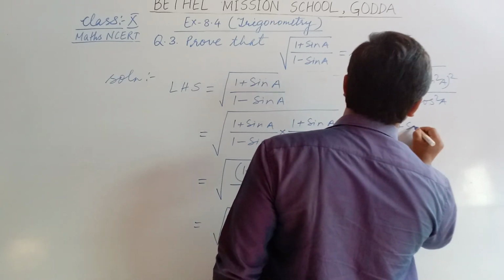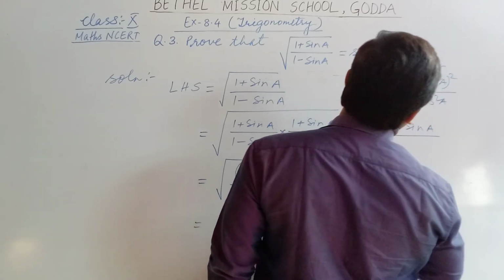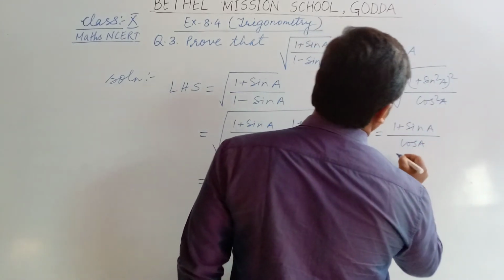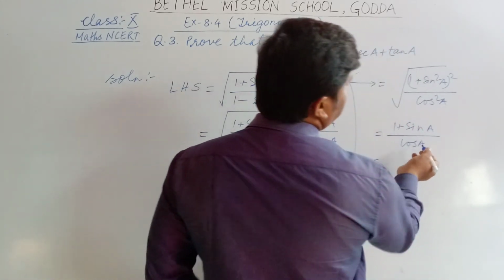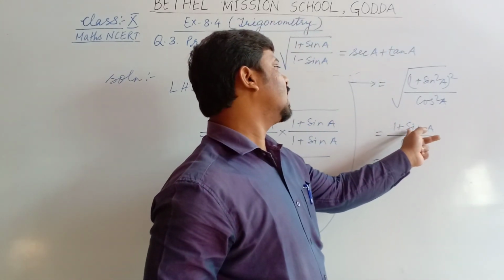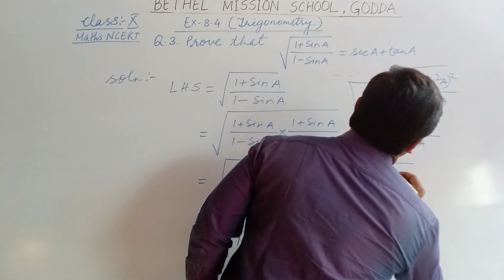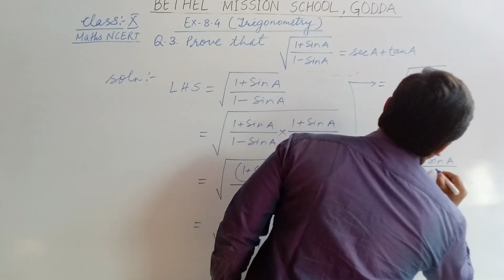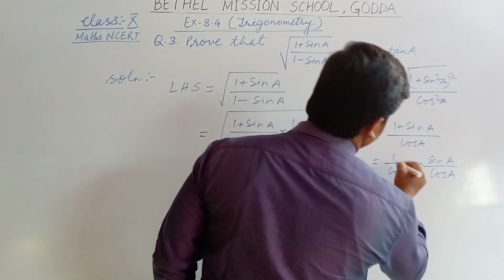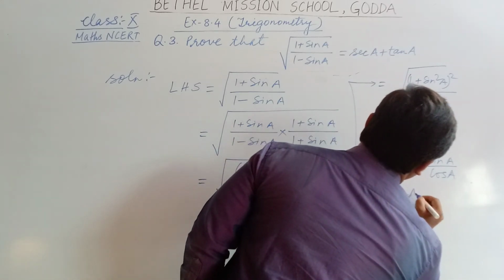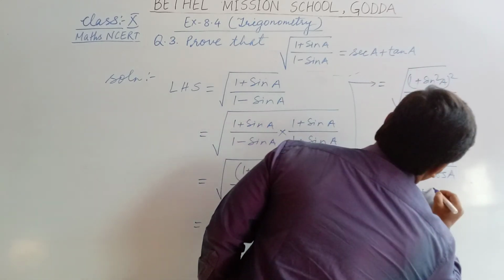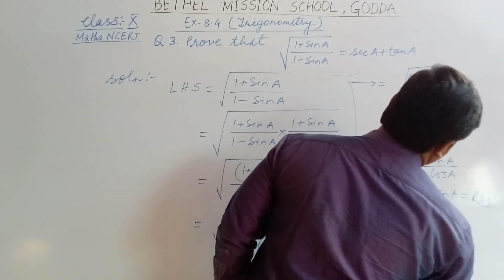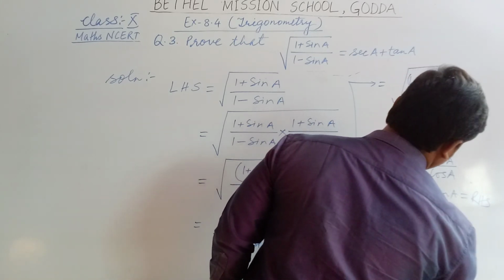Then 1 plus sin A upon cos A, and this will be divided, because this cos A divides both 1 as well as sin A. So this will be 1 by cos A plus sin A by cos A. 1 by cos A will be sec A plus sin A by cos A will be tan A, and this is RHS, hence proved.